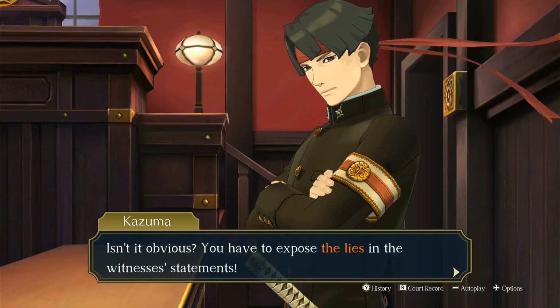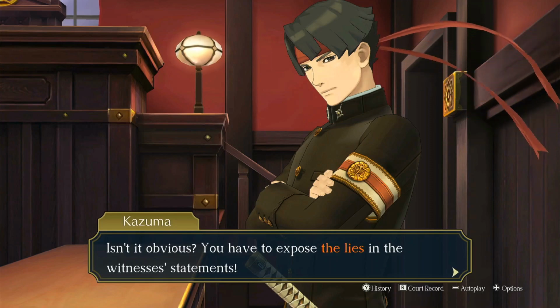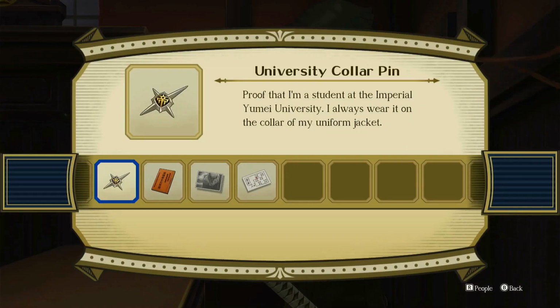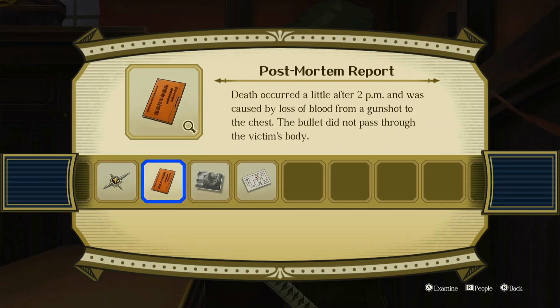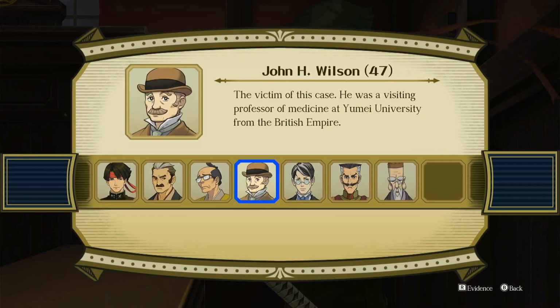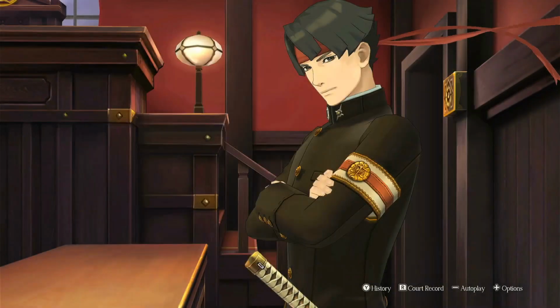Anyways, last time we started the game and got into everything so far. So, the case so far is that our client, which is ourselves, Ryunosuke Naruhodo, is accused and on trial for the murder of John H. Wilson, a visiting student from the same university.